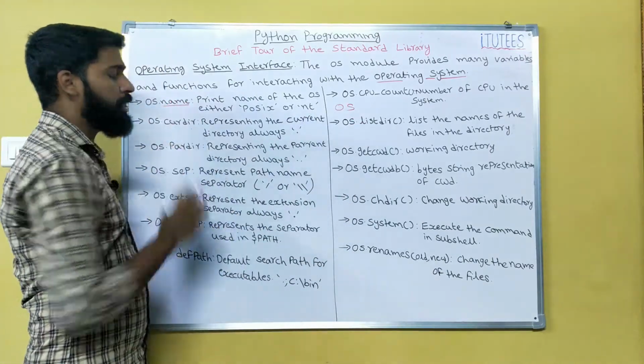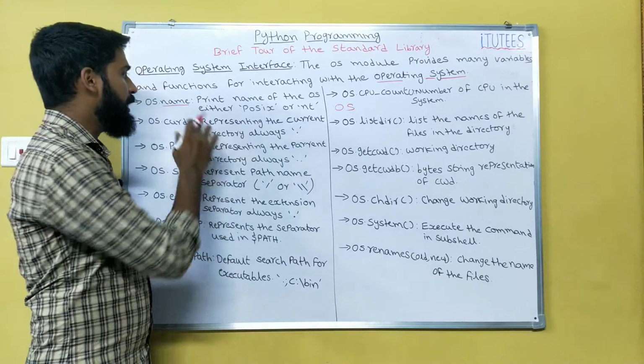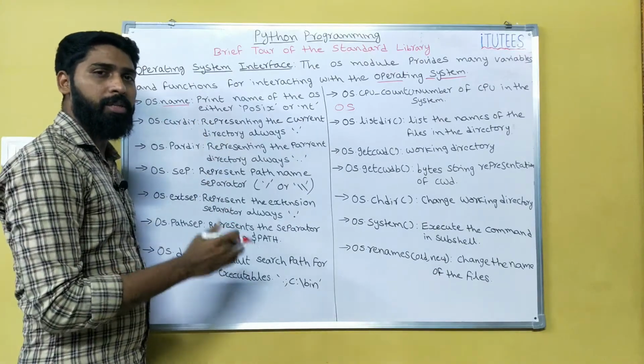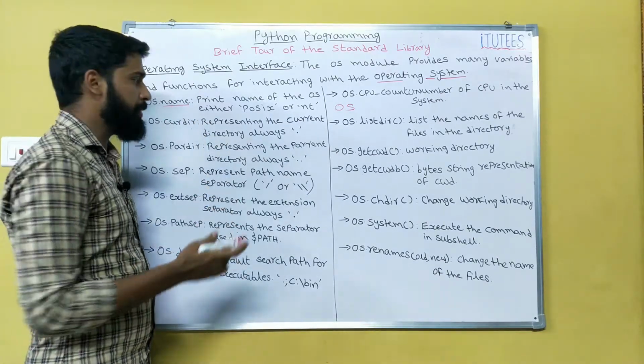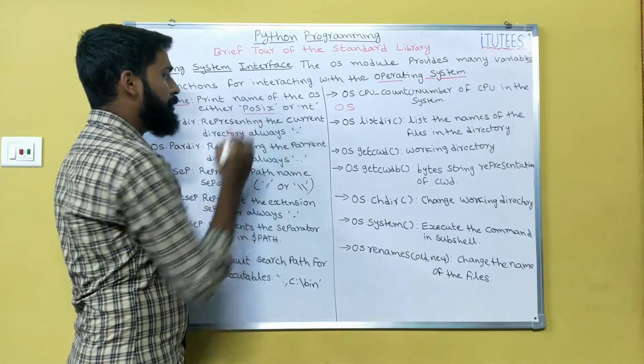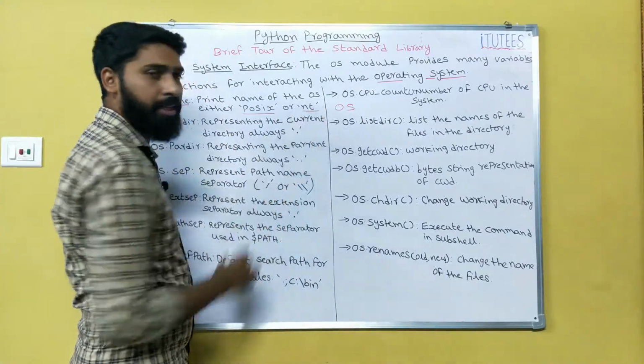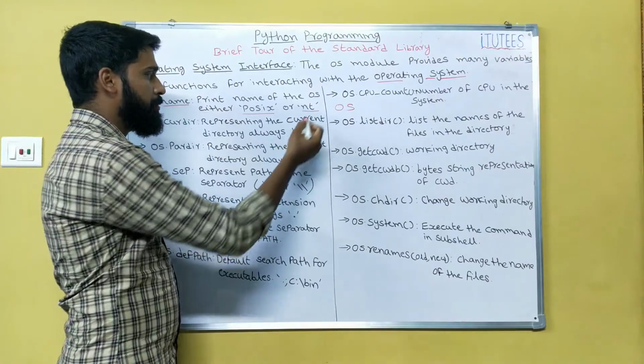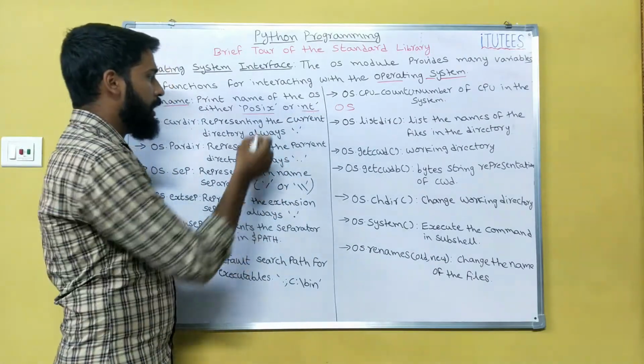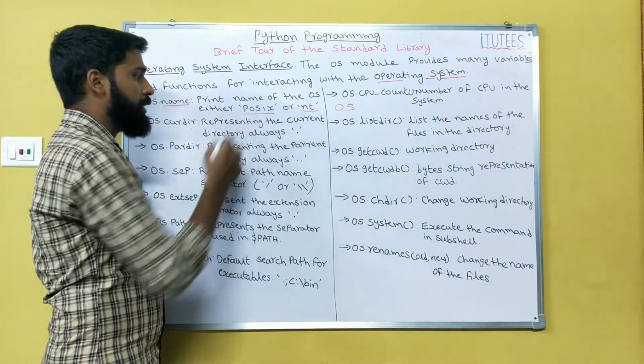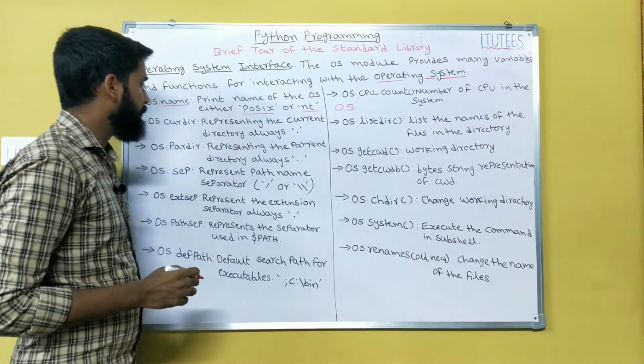os.name represents which operating system you are using. It prints either posix or nt. For the Windows operating system, it returns nt, and for Mac operating system, it returns posix.